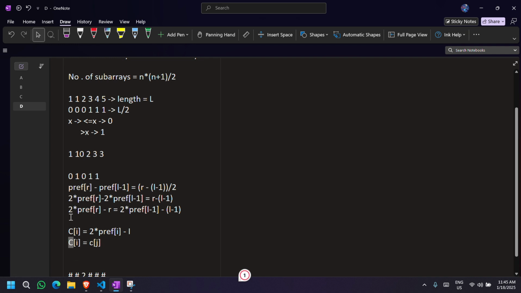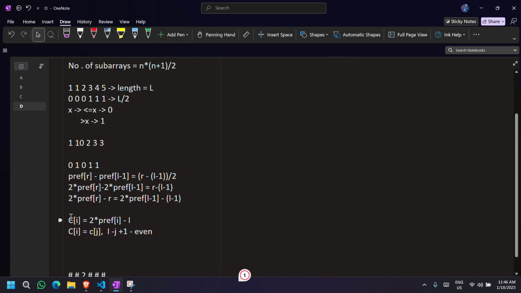You have to count this number of pairs i and j, but there is one catch: we are working on only even length, so j minus i plus 1 should be even.